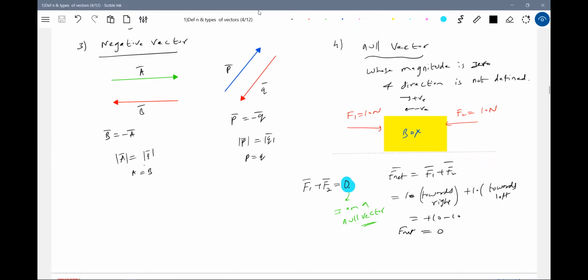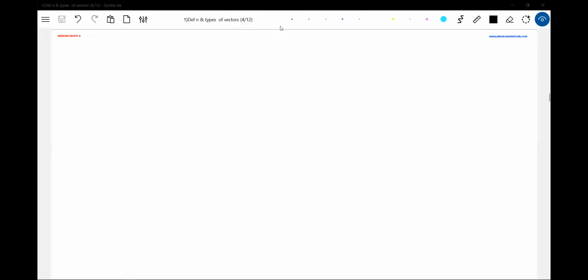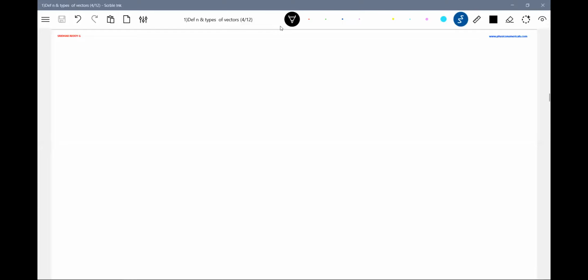Okay, this is about the null vector. Next we'll go for the unit vectors. It's a vector whose magnitude is equal to unity, and they are used to specify the direction.